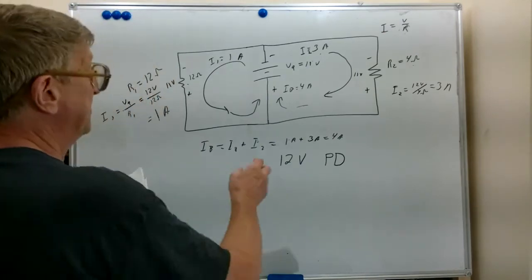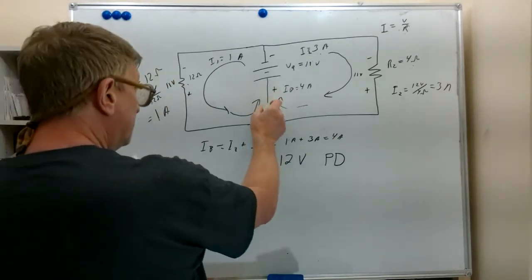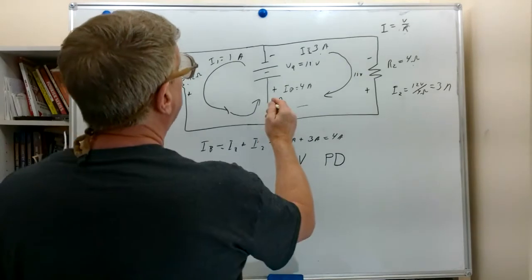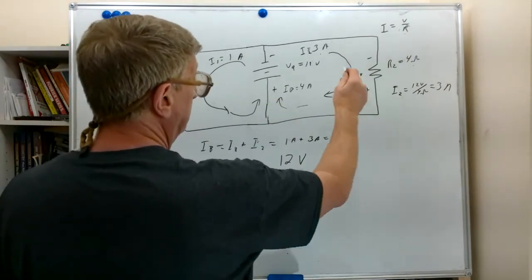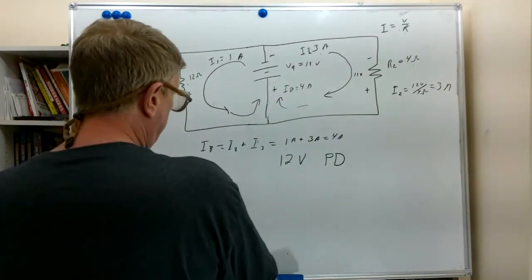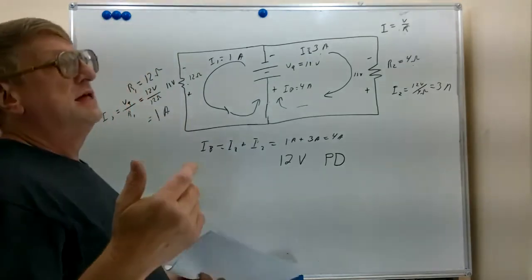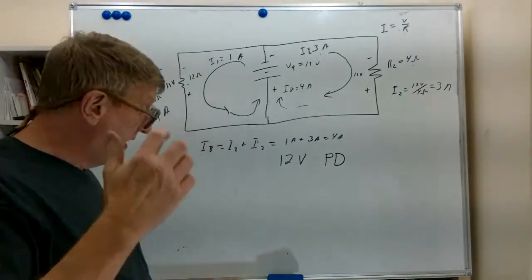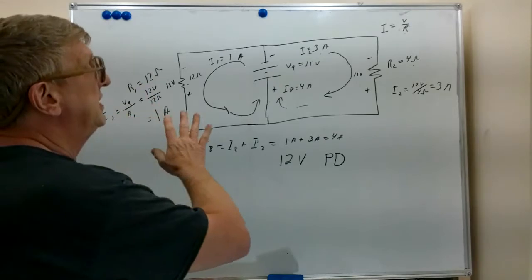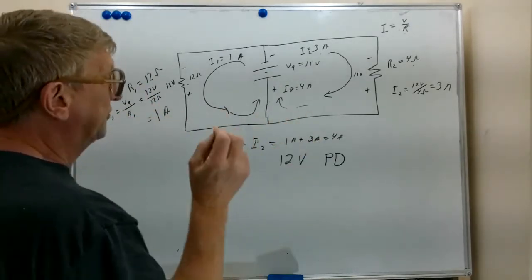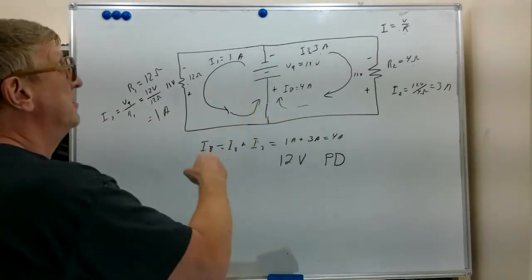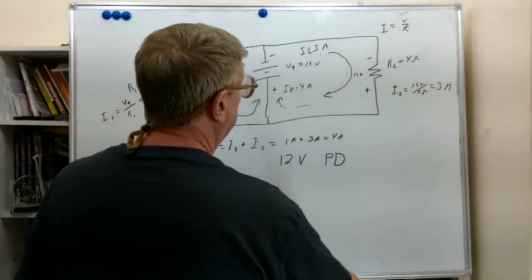And we've also seen the sum of the current here, the actual current here, is equal to the sum of the current in each branch. So basically, the power source has to supply the current in all branches, so it's going to be greater than any of the individual branch currents.